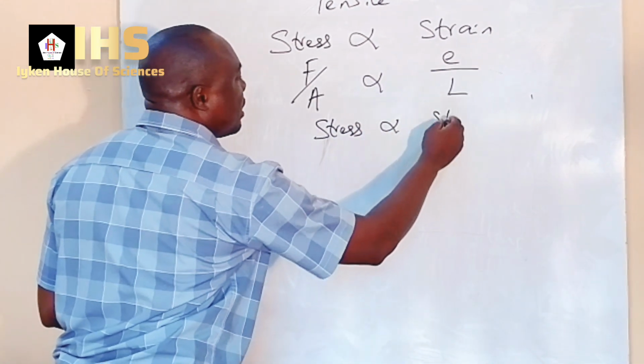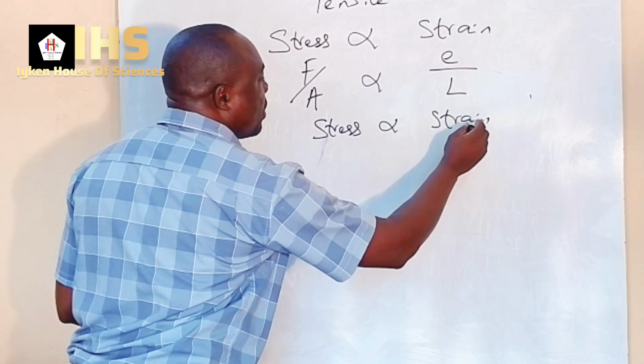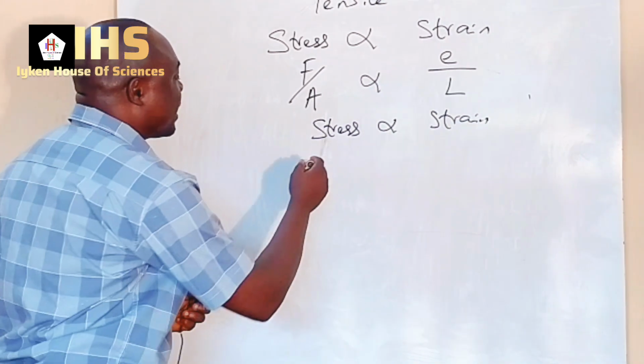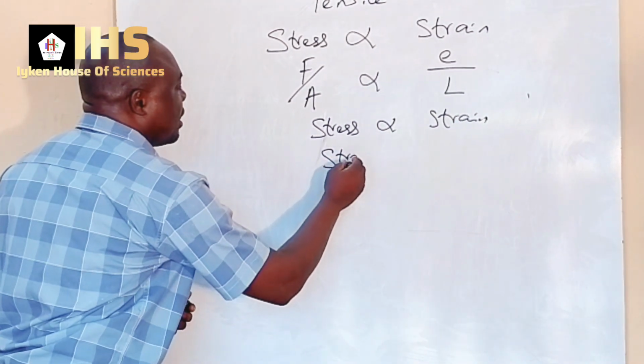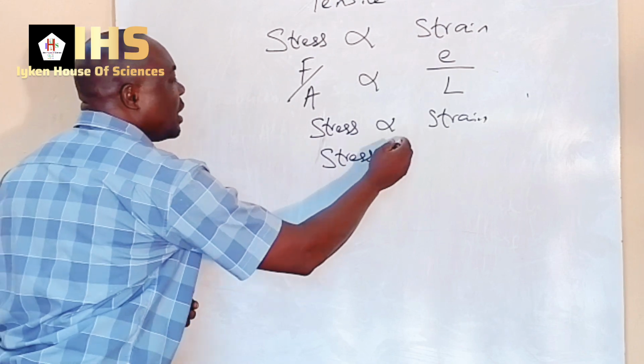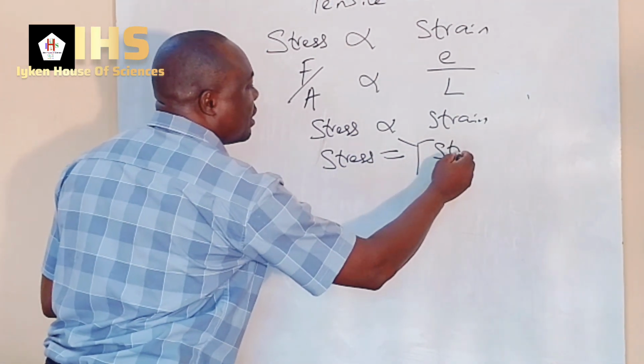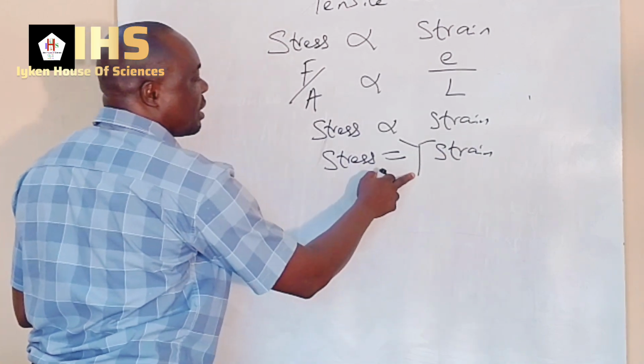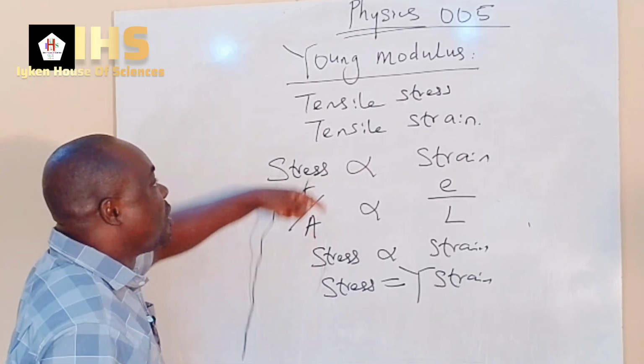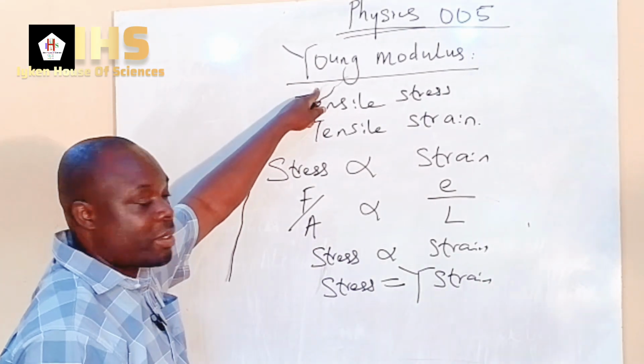So the constant of proportionality between stress and strain, if I want to put the constant now, I have that the stress is equal to the Young modulus times the strain. This Y represents the Young modulus, which is the constant.